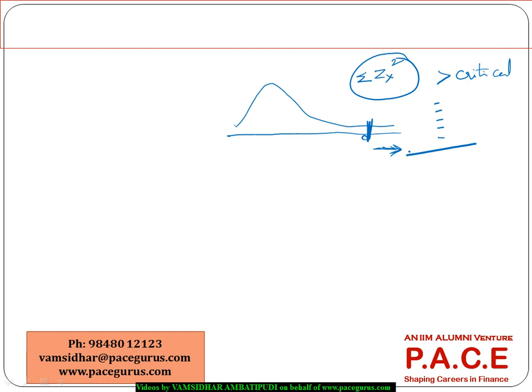When I square and add up, because the squares of the small numbers are very small, though one is very large, the overall summation could still be lesser than the critical value.